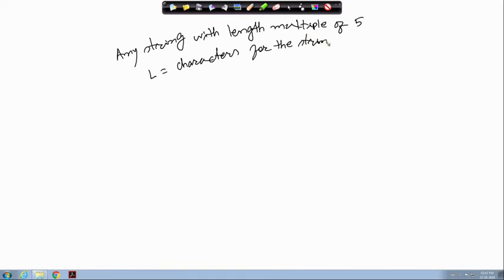So, you can write it like A or B or C, etc. So, all the characters that are allowed for the language, you put in L, and then the length should be a multiple of 5. So, that is the definition of length multiple of 5.